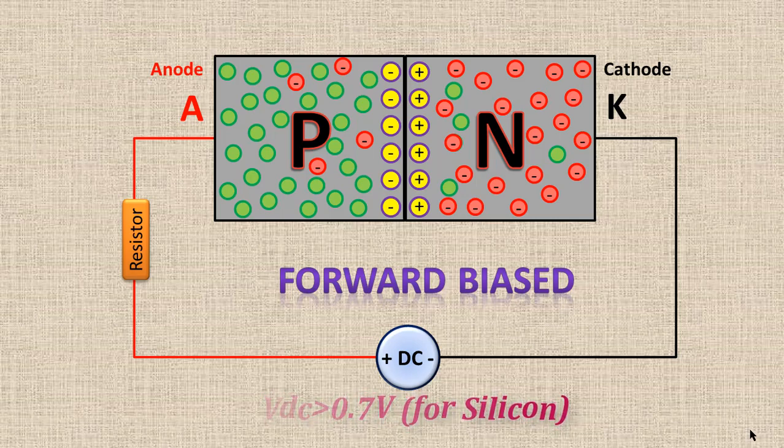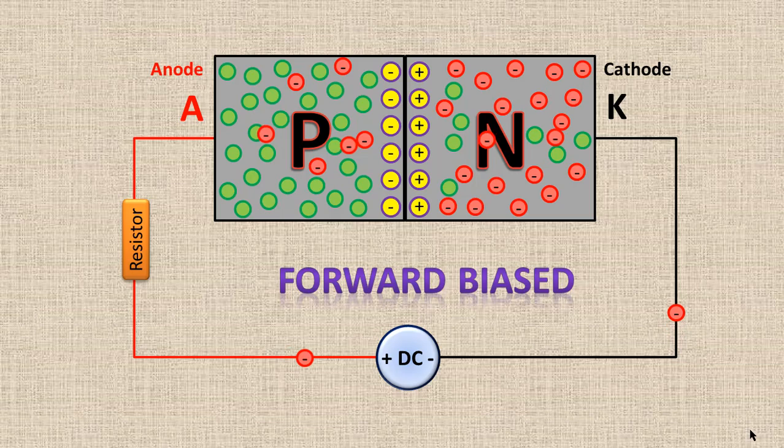This reduces the barrier and allows electrons to move from the N-type region into the P-type region. These electrons are then attracted to the positive terminal of the voltage source, completing the circuit. As a result, current starts to flow through the diode and the external circuit.